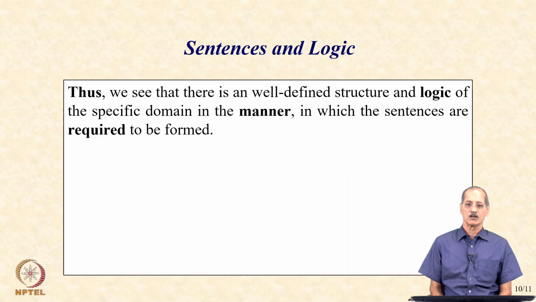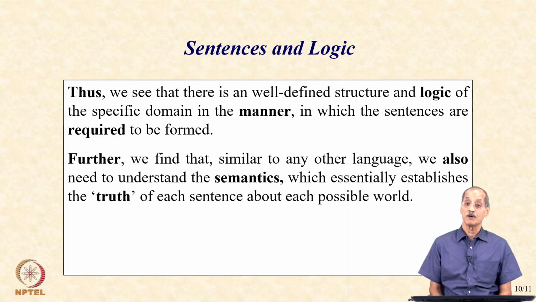Then, sentences and logic. Thus, we see that there is a well defined structure and logic of the specific domain in the manner in which sentences are required to be formed. It is very specific to the domain. Further, similar to any other language, we also need to understand the semantics, which establishes the truth of each sentence in each possible world, which means what the meaning of that sentence is.